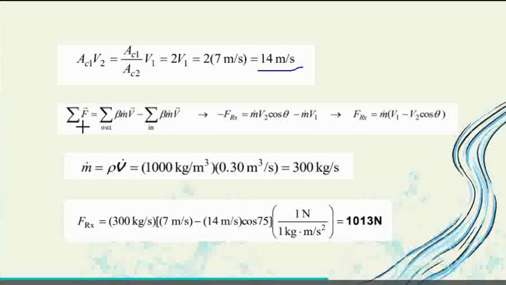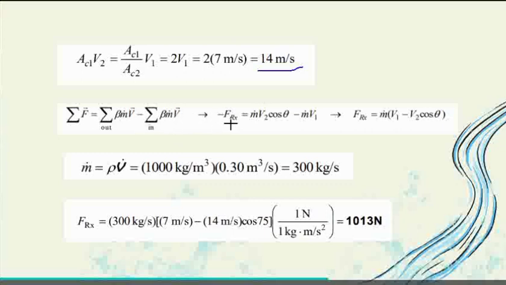For the pump, we take the pump as the control volume and the inlet direction of flow as the positive direction of the x-axis. The linear momentum equation in the x direction reduces to the summation of forces is equal to the summation of beta mass flow rate times velocity out minus the summation of beta mass flow rate times velocity in.